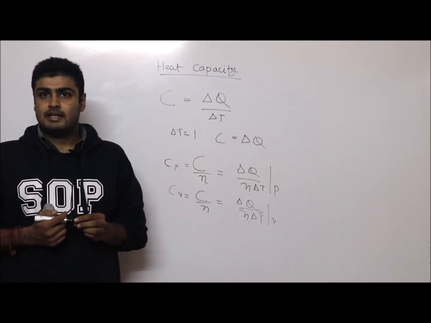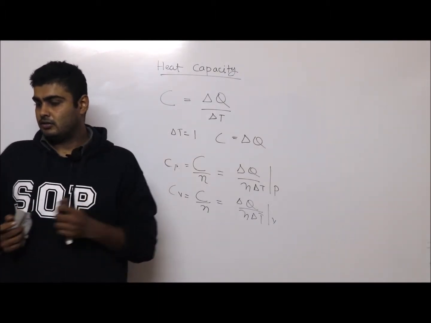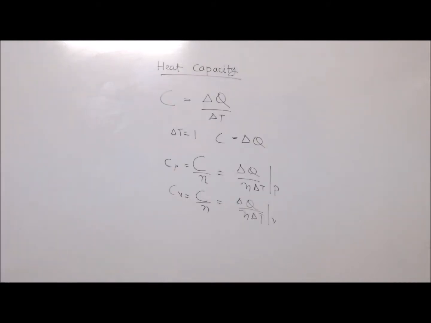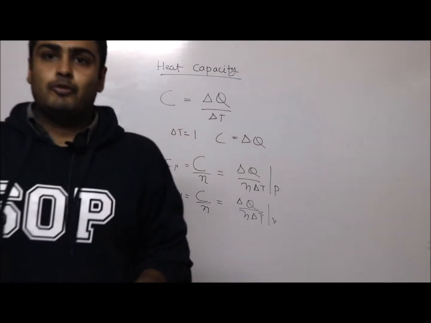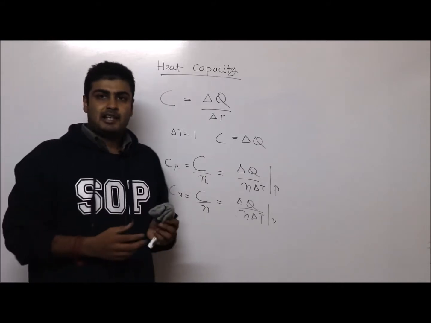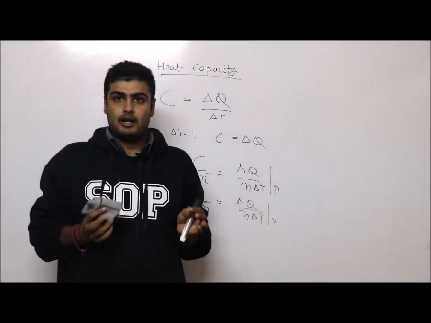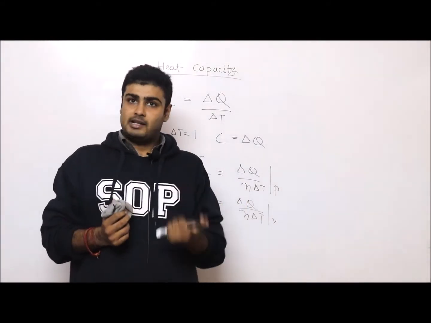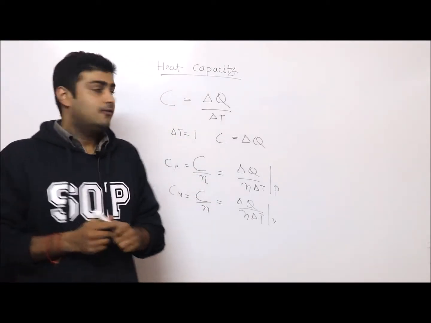The next thing that I am going to tell you is specific heat capacity. It is the amount of heat required to increase the temperature of 1 gram of substance by 1 degree Celsius.